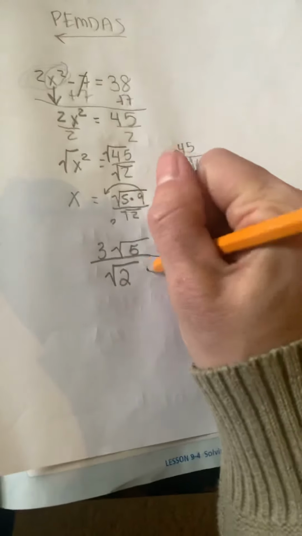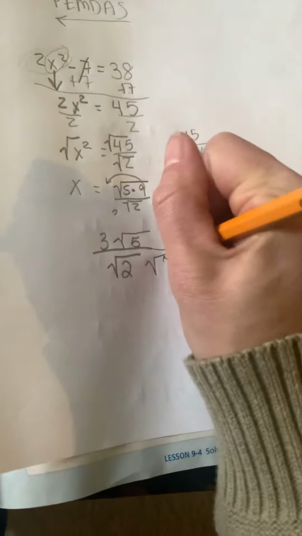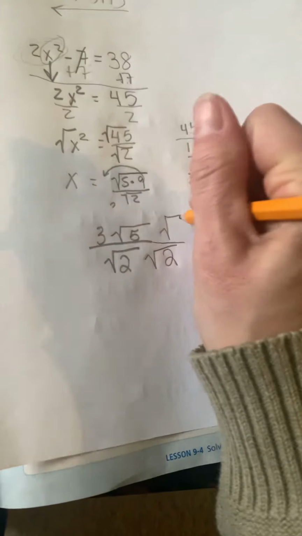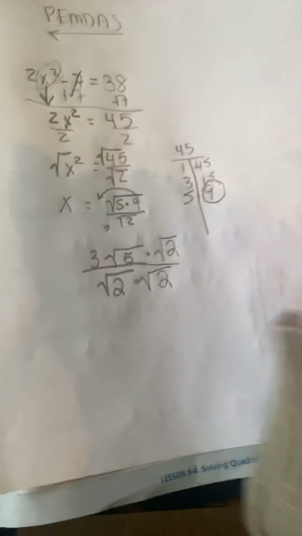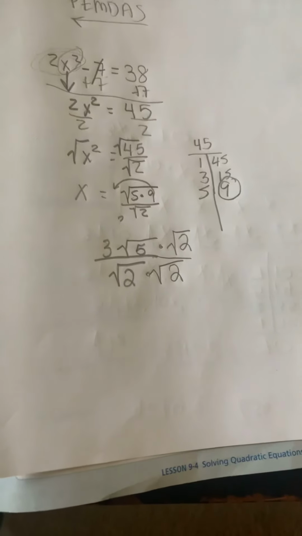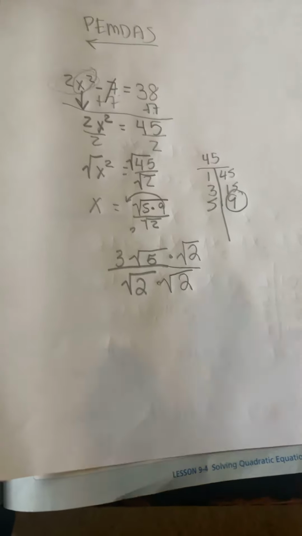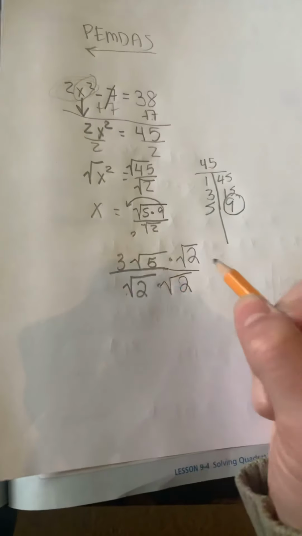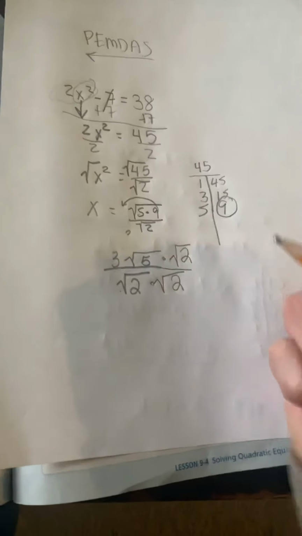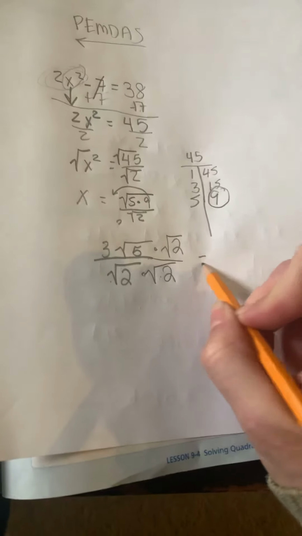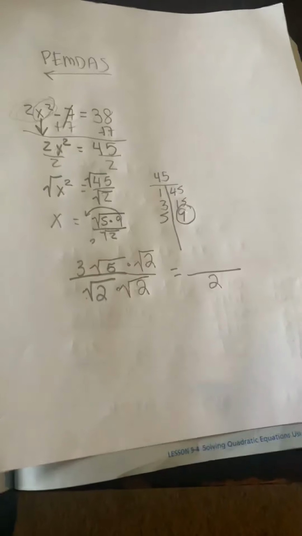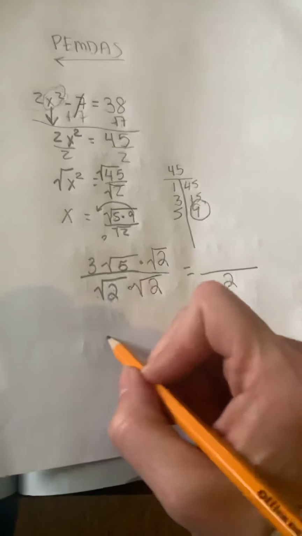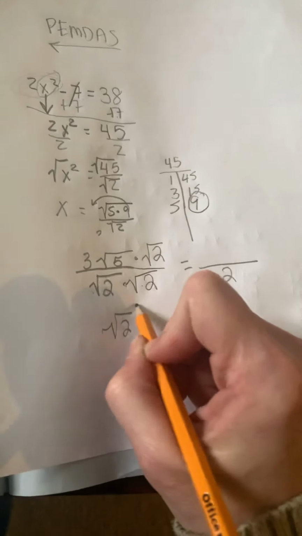And in order to undo that, I have to multiply everything by the square root of 2. The square root of 2 times the square root of 2 is 2. Think about it like the square root of 2 squared.